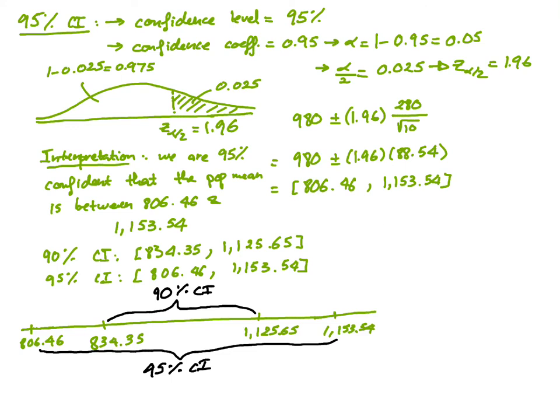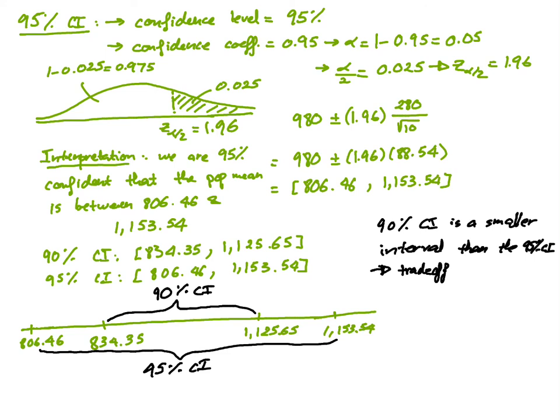Now the 90% confidence interval is a smaller interval than the 95% confidence interval. So essentially we have a trade-off here, between the size of the interval and the confidence level.